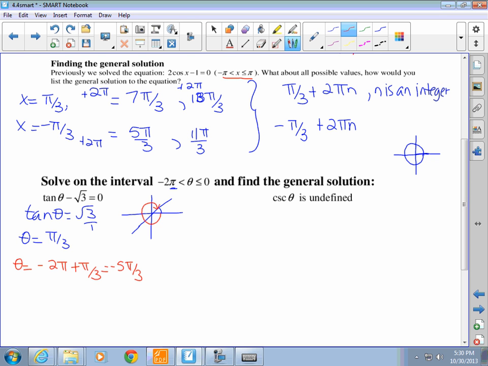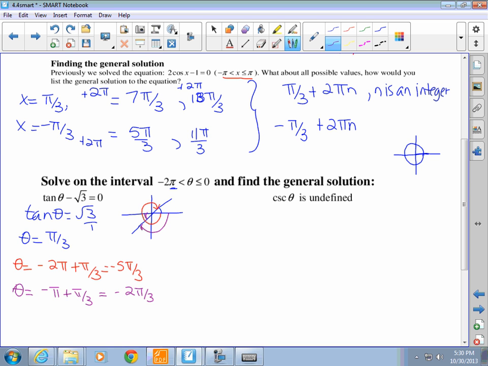My second angle then, again, I can't go all the way around clockwise because that is greater than my 0, but I can go in this direction. So it's this angle that I'm looking at. So that theta is going to be, I'm going in the negative pi direction, and my reference angle is still the same, it's that pi over 3, so I add pi over 3 to negative 3 pi over 3 to get negative 2 pi over 3.